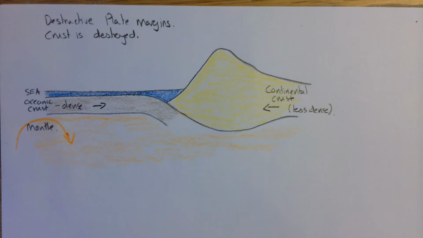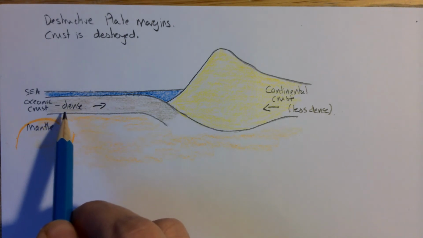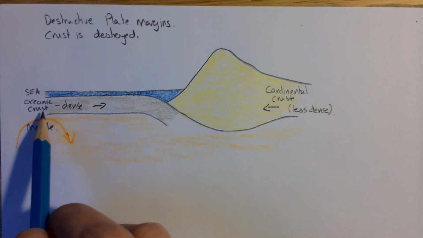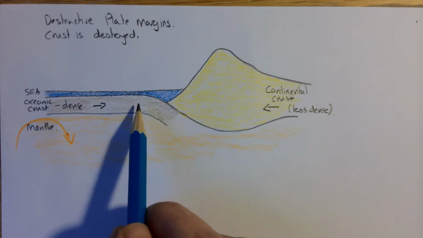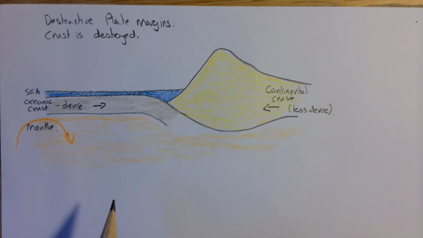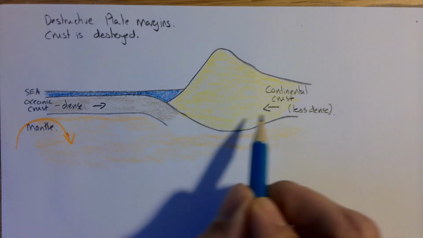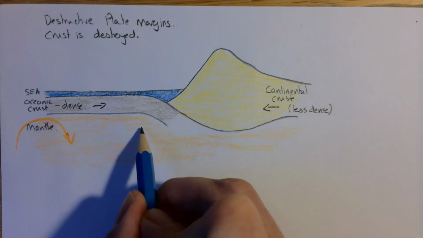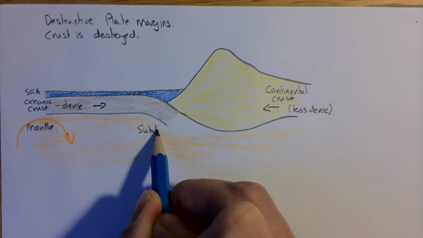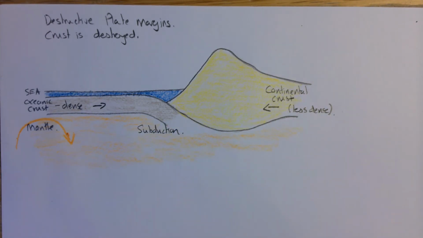So the important thing to know here is that when the less dense continental crust collides with the dense oceanic crust, the dense heavy material is forced underneath the lighter material. We call the process of the oceanic crust being forced under the continental crust subduction. So the oceanic crust is subducted.